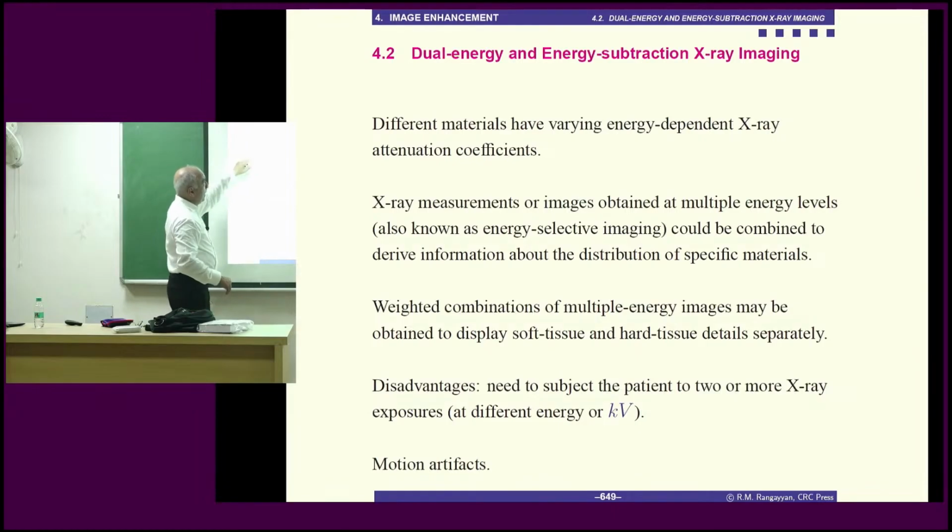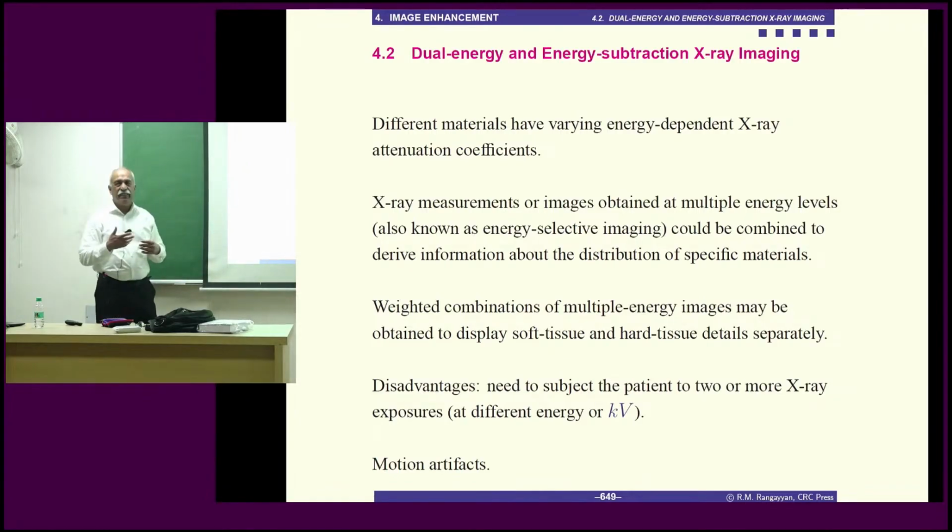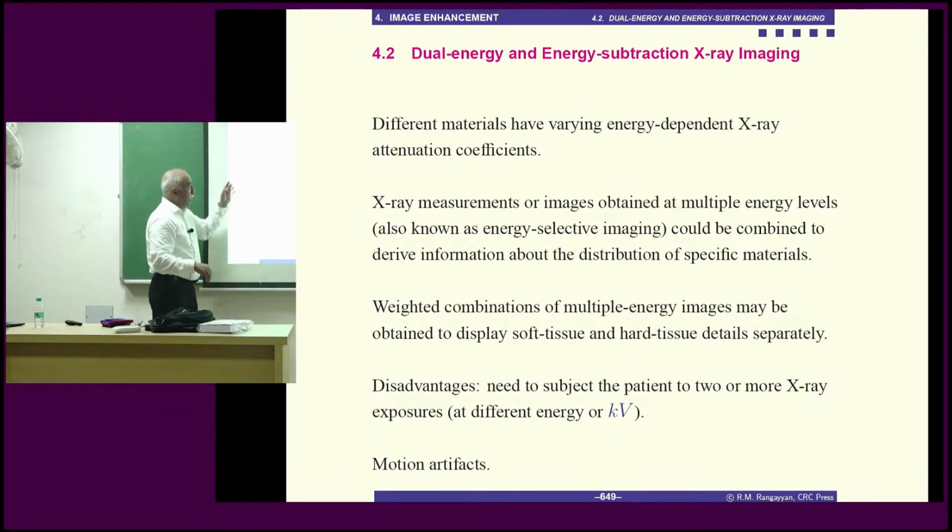X-ray measurements or images obtained at multiple energy levels, known as energy selective imaging, could be combined to derive information about specific materials, not elements. In some cases you could, but here soft tissue and hard tissue. There are some techniques where you can get information about the presence of certain elements. Weighted combinations of multiple energy images may be obtained, in this case, to separate soft tissue and hard tissue details.